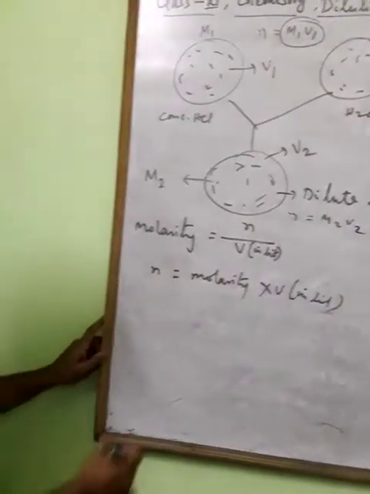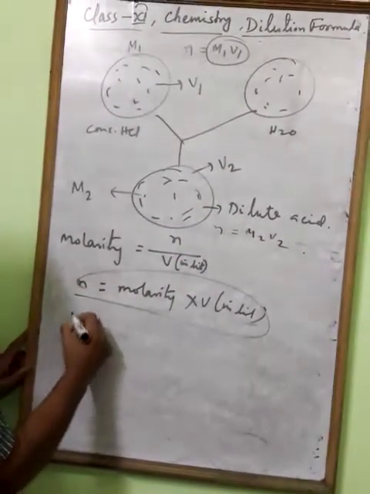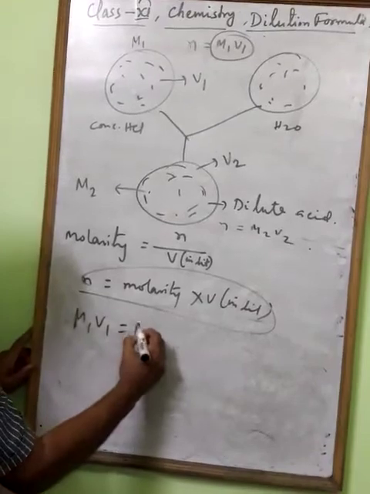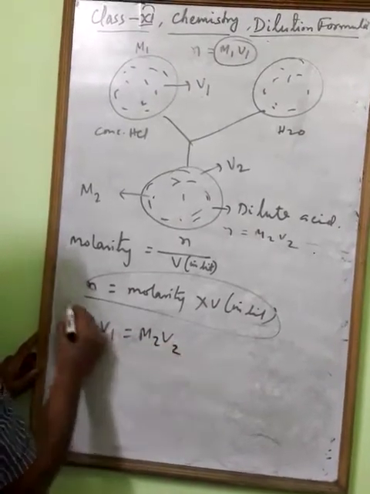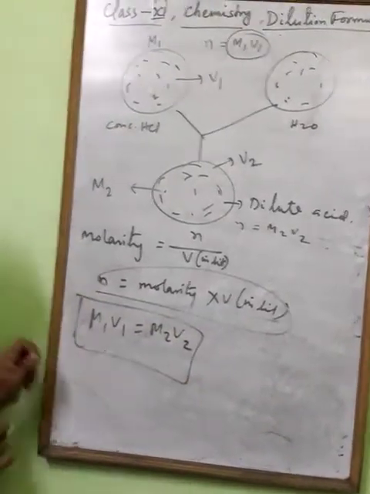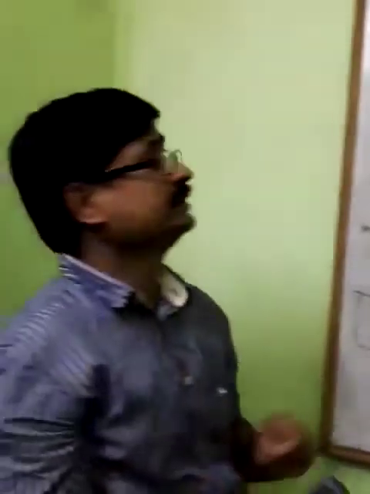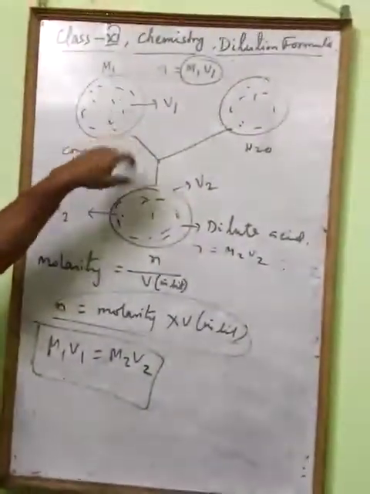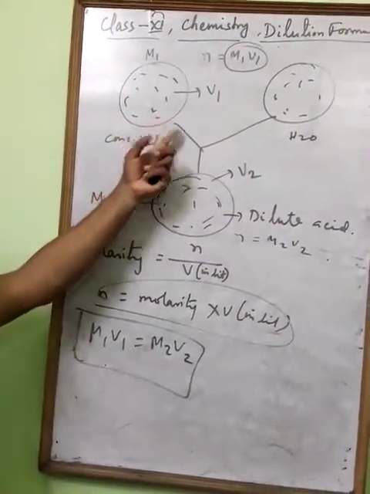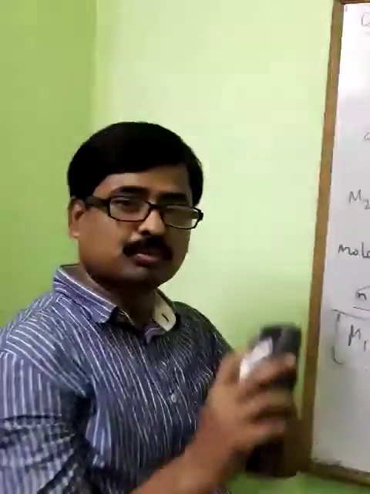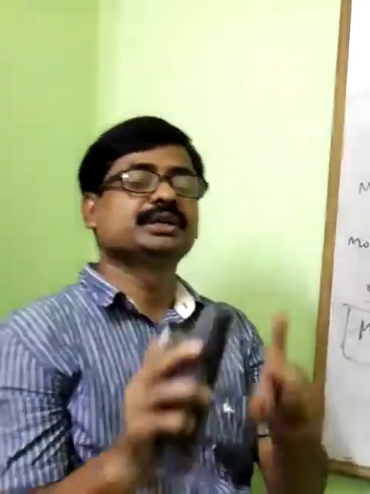So we can write, using this, M1 V1 is equal to M2 V2. This is the dilution formula. The key point is that before dilution and after dilution, the number of moles must be equal.